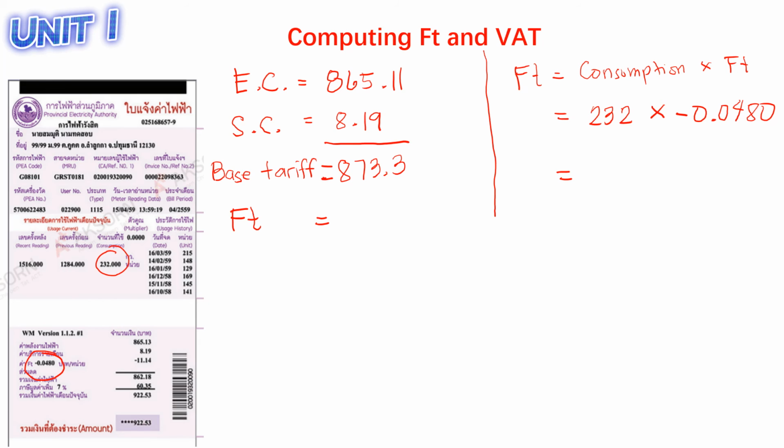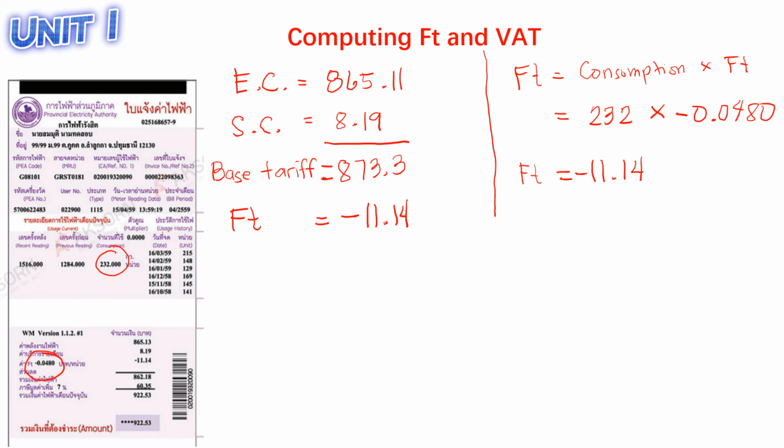So what is 232 multiplied by 0.0480? That will be 11.136, but round it off to the nearest hundredths, so that will be 11.14. So this is our FT. This is negative because this is minus 0.0480. So negative 11.14.